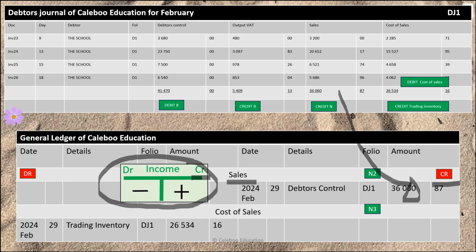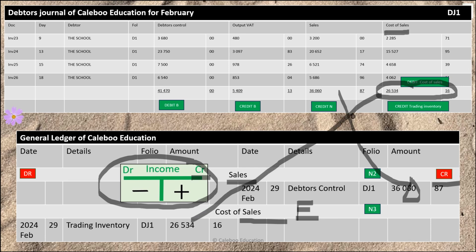So sales was credited. Now I'm going to do the cost of sales account again. Cost of sales is an expense. The total of the cost of sales column is taken to the debit side of the cost of sales account, because at the point of sale, trading inventory is expensed, and we open up an account called cost of sales. This is very interesting actually.